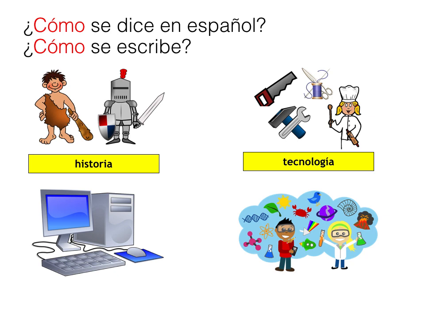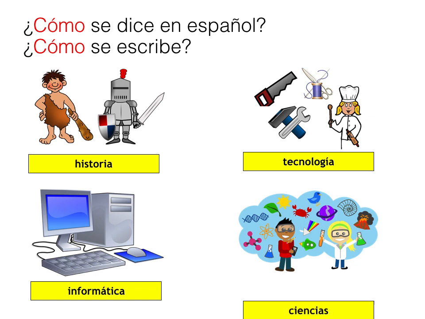Muy bien. ¿Cómo se dice IT en español? Es la informática. Repetid, informática. Bien. ¿Y cómo se dice science en español? Muy bien. Ciencias. Repetid, ciencias.